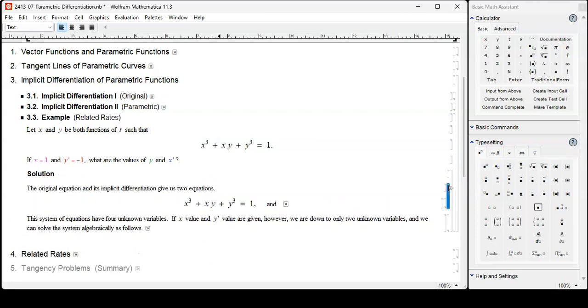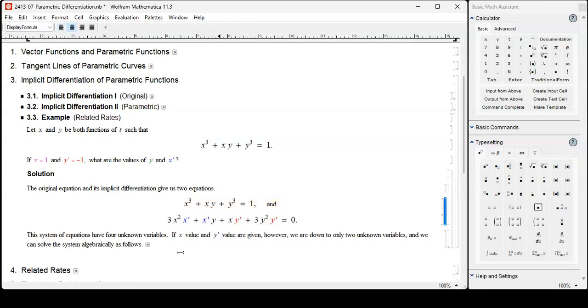Here we go. Original, and then let's take the derivative implicitly and get the second equation. Go ahead and try. Is that what you got? x cubed became 3x squared, and then x prime pops up. The product rule, x prime y plus x y prime, and then 3y squared and y prime pops up.